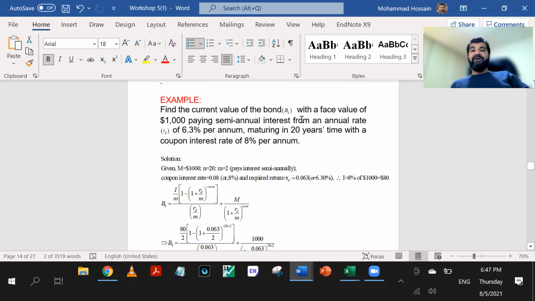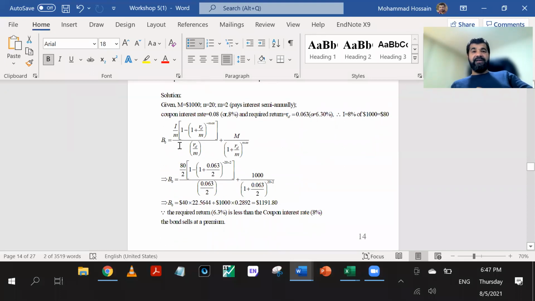Find the current value of a bond with a face value of $1,000, paying semi-annual interest, with a required annual rate of 6.3% per annum, maturing in 20 years, with a coupon interest rate of 8% per annum. So here is the question. M is given. The coupon interest rate is 8%, and the required return is 6.3%.